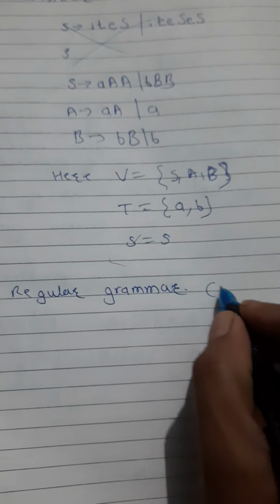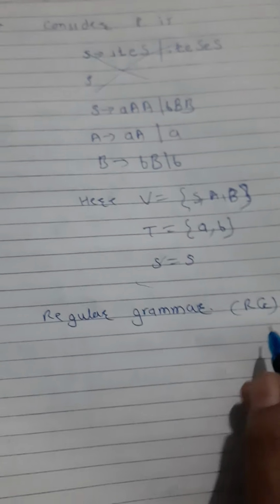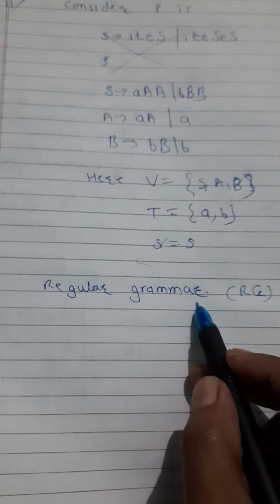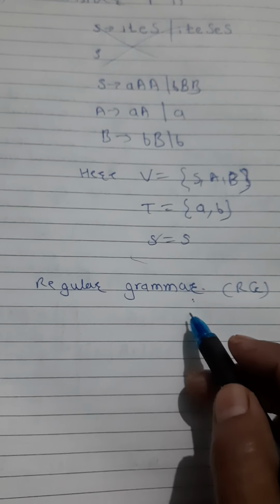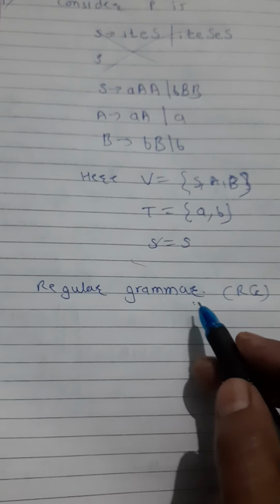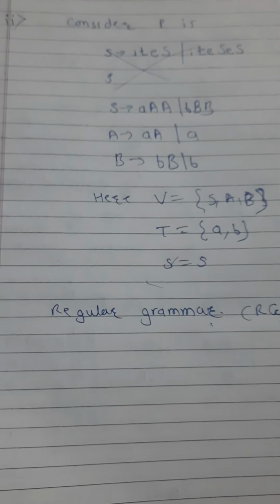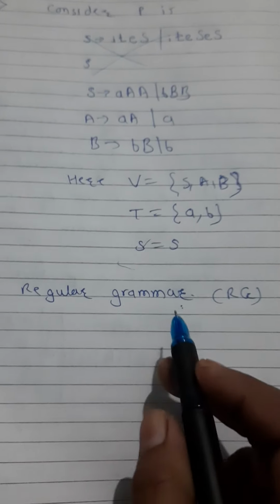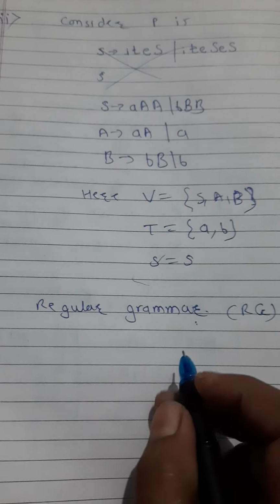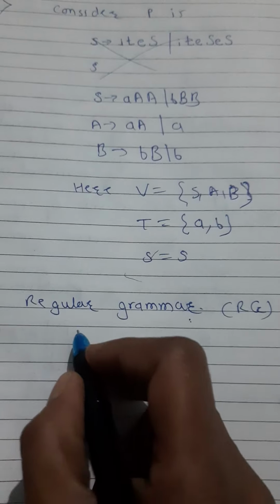So regular grammar, shortly known as RG, is the first type of grammar represented by the Chomsky hierarchy. We have already seen the Chomsky hierarchy, which is nothing but the set of all types of grammar. So regular grammar is the first grammar defined by Chomsky.